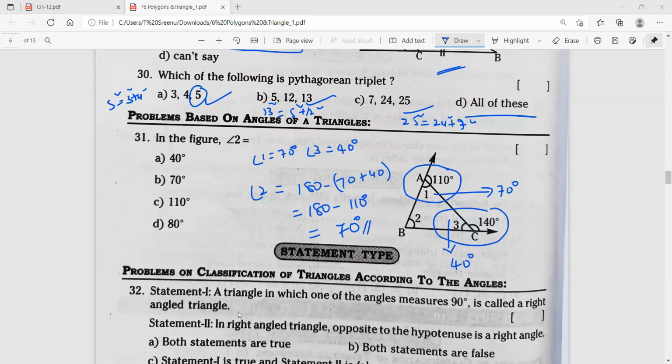Angle 2 is equal to 70 degrees. 70 plus 40 is 110. 180 minus 110 is equal to 70 degrees. Next question.